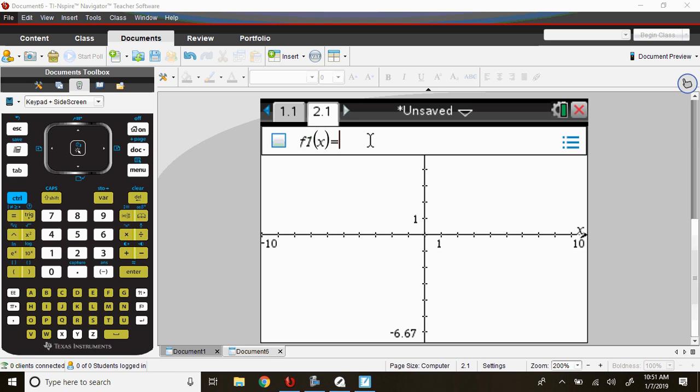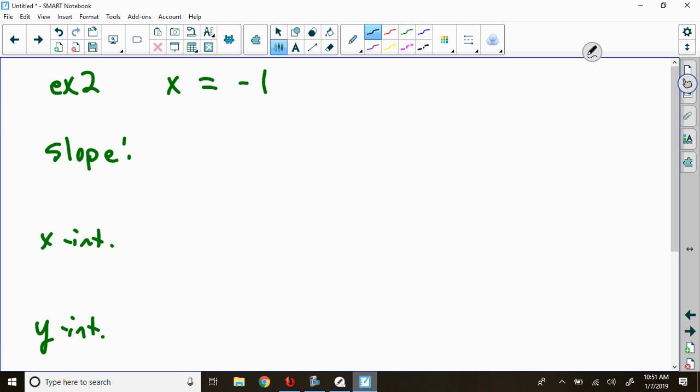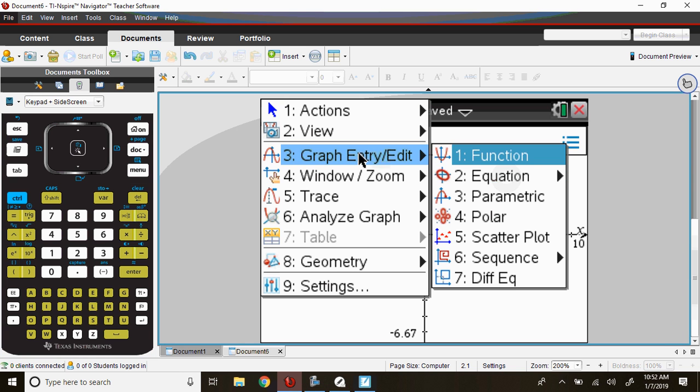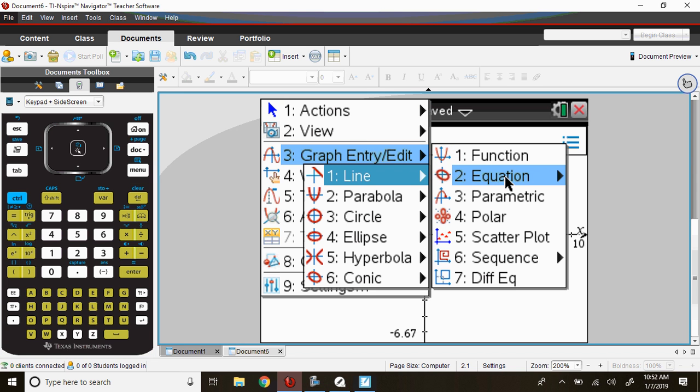Again, my calculator is prompting me f1 of x equals, which is like saying y equals. But look at my equation. My equation doesn't even have a y in it. It's x equals -1. So I'm going to need to go back to the menu, graph entry edit, equation, line.